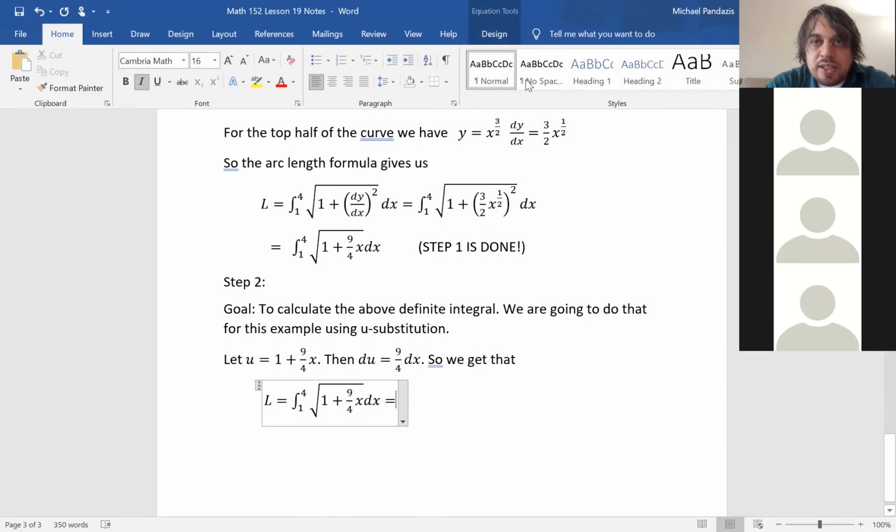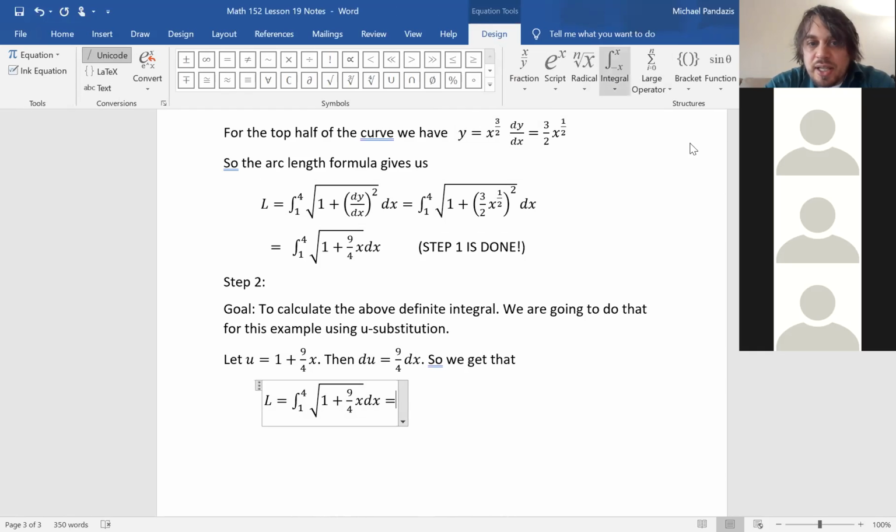And that's equal to, now we have another definite integral here, where we take the square root of 1 plus 9/4 x. That's our original definite integral. We need to prepare it for U-substitution. So this thing is u, right? But du needs 9/4 dx. And so I'm going to multiply the inside by 9/4 and the outside by 4/9.